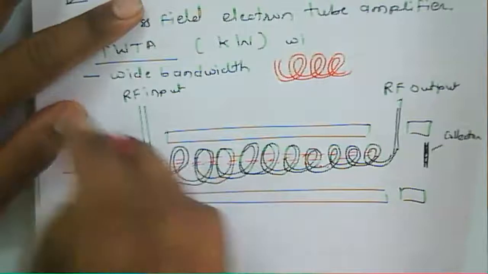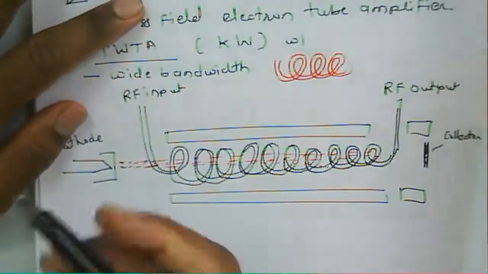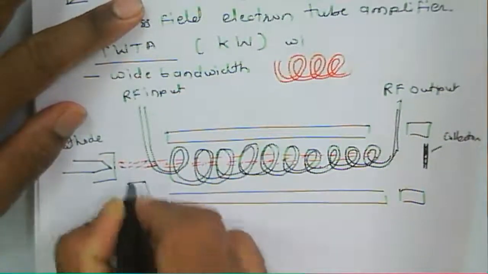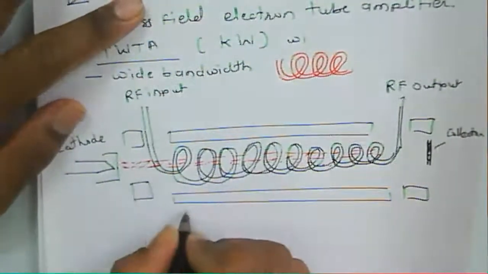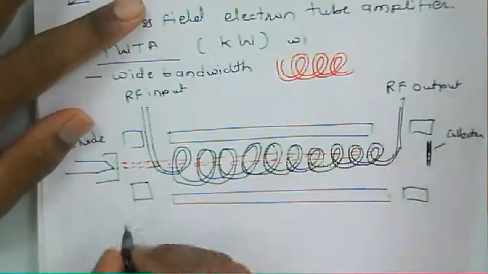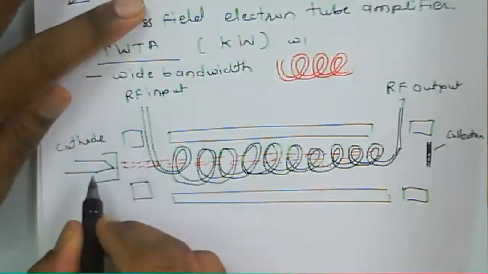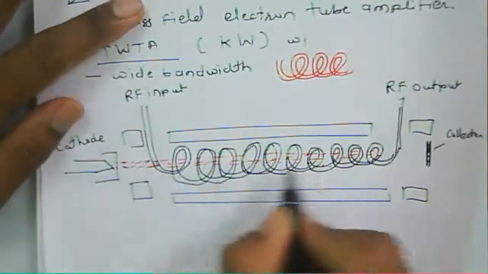Here we have a focusing magnet, and these are all focusing magnets that will focus the electrons to propagate in the given direction.